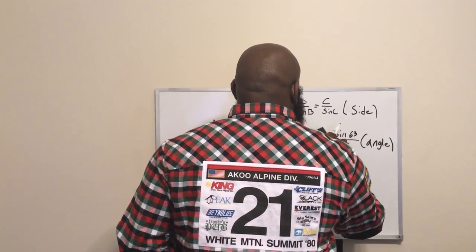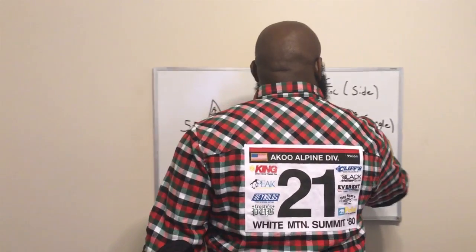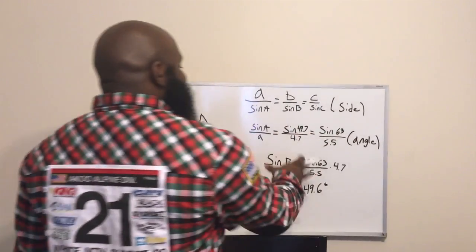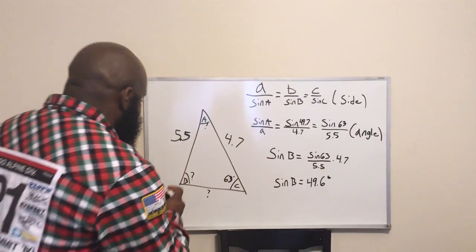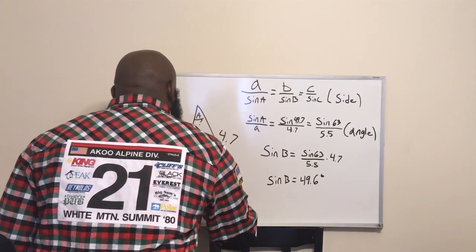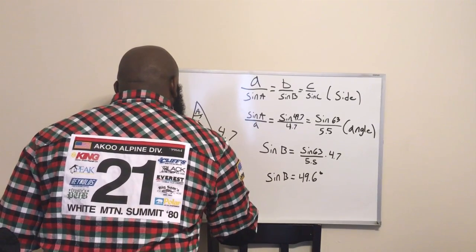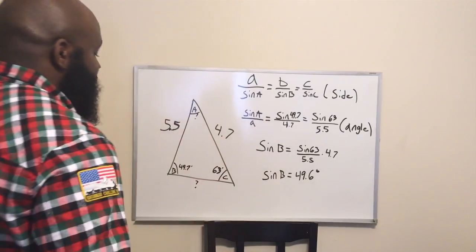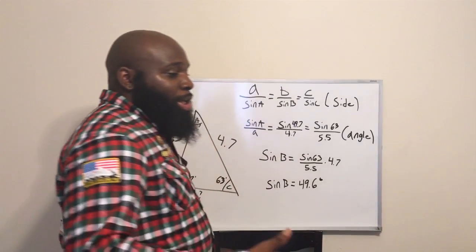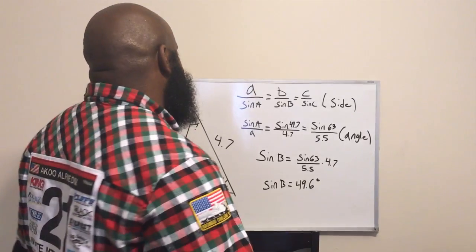Now we know what this is, so with this information, we can solve for the rest of this triangle. The angle is 49.7 degrees. Now, if you remember, all triangles must equal 180 degrees.